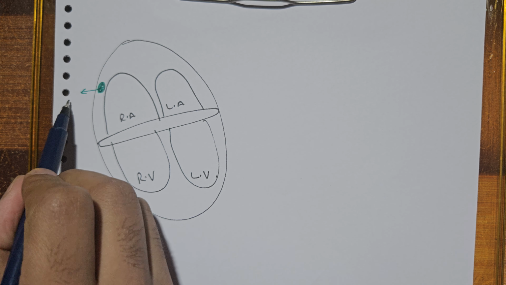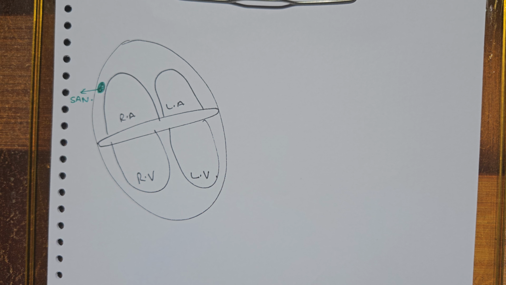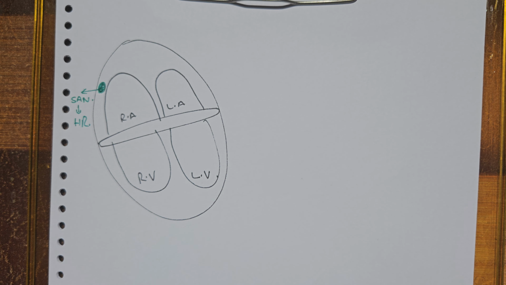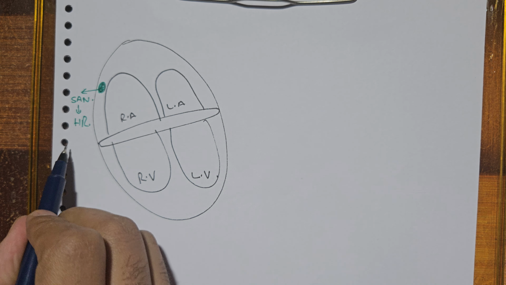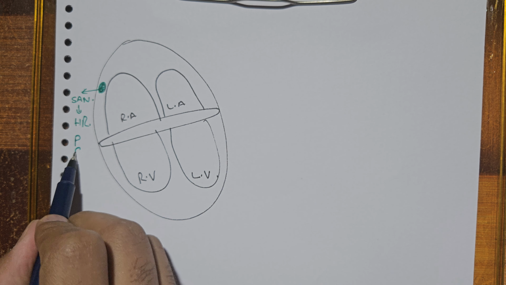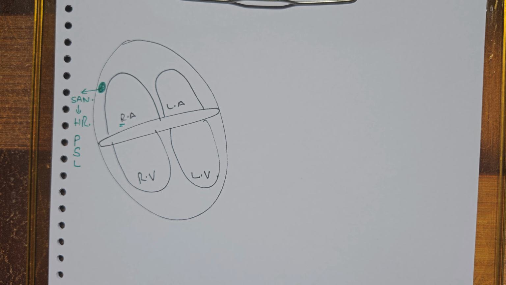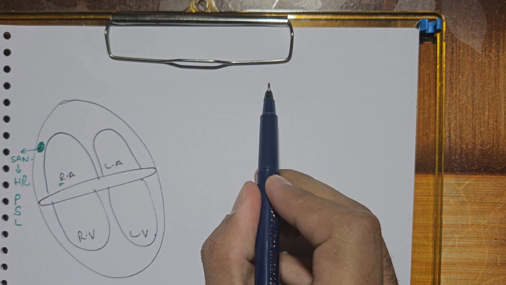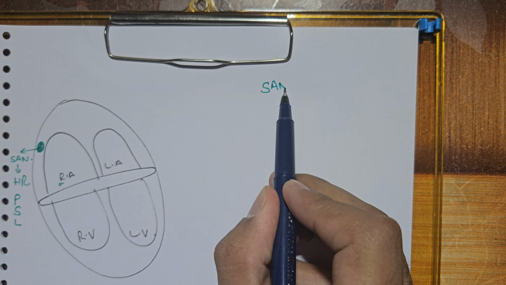This structure is called the sinoatrial node that we talked about, and it generates heart rate. Where is the sinoatrial node present? It is present in the posterior, superior, and lateral part of the right atrium. So where are the impulses generated in a heart? They are generated in the SA node.